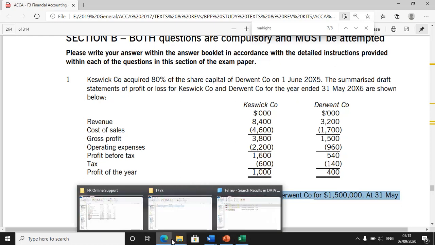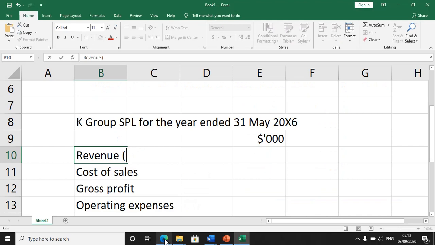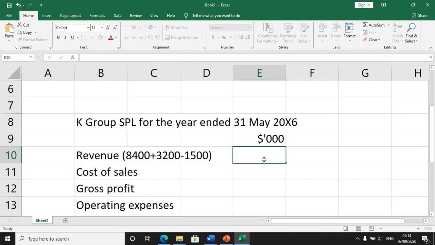So 84 plus 32, then less 15, the selling price of those goods. Please remember this; you can check the question for the 15.